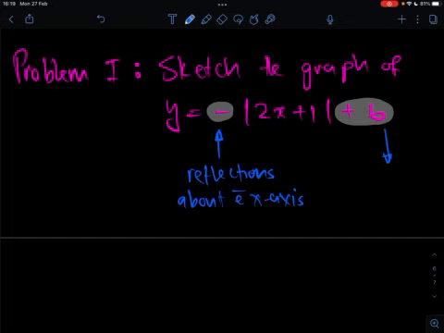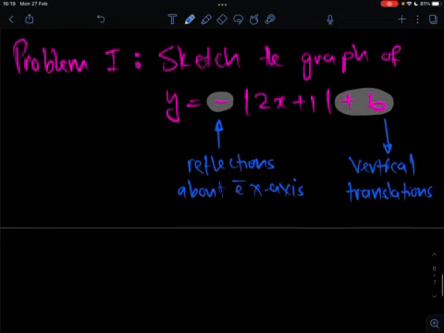And when you see numbers like these, they refer to vertical translations. Every number that is either being added or subtracted outside of an absolute function always stands for vertical translations. So what we want to see now is how we can plot this curve, given all this knowledge that we have just stated. Now let's see how to go about that.